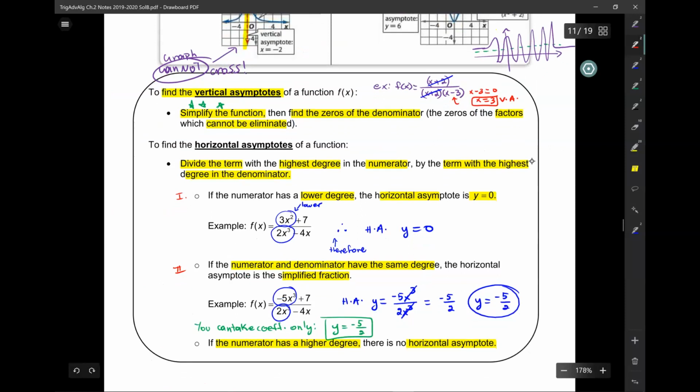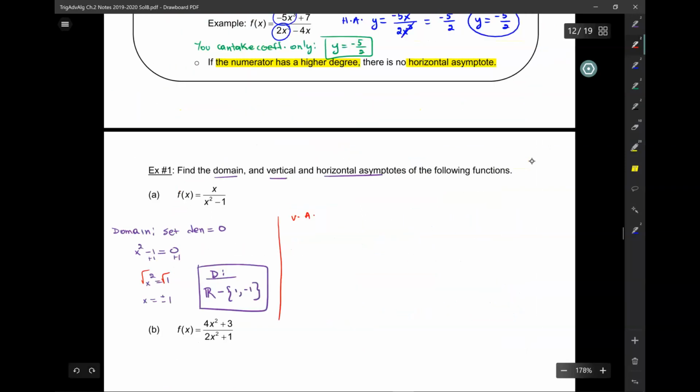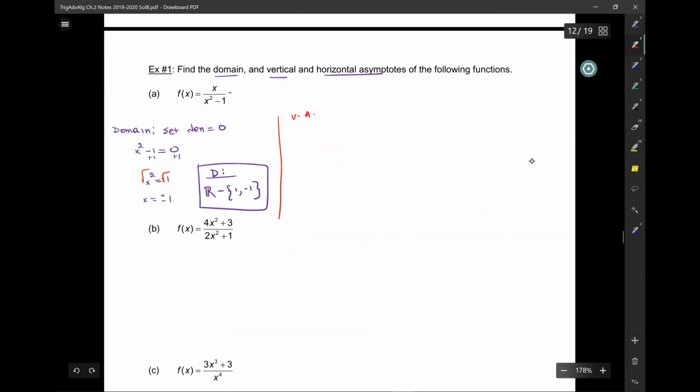So what did they tell us to do first here? Simplify the function. So here, let's simplify the function. It's x minus 1, x plus 1. Okay? Does anything from the denominator cancel? No. Please be careful. You cannot cancel x's because it's x minus 1 together in the denominator.